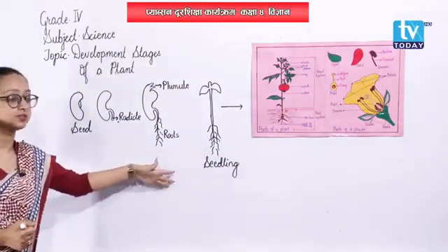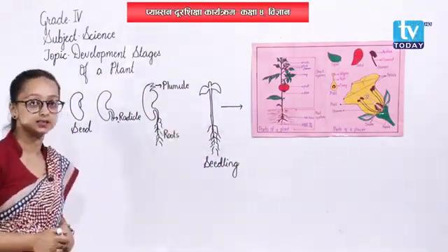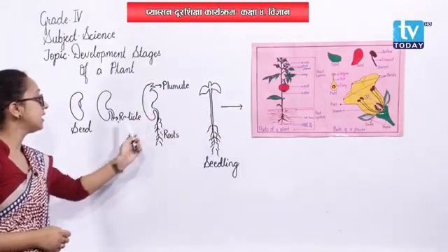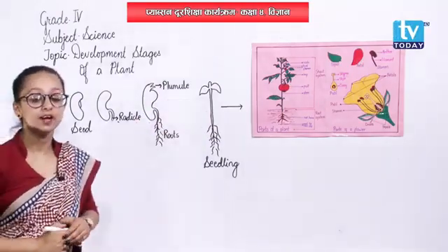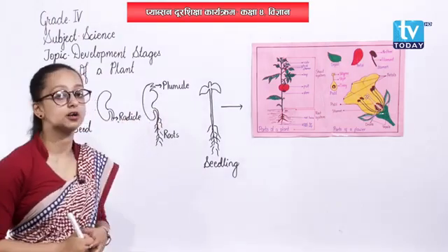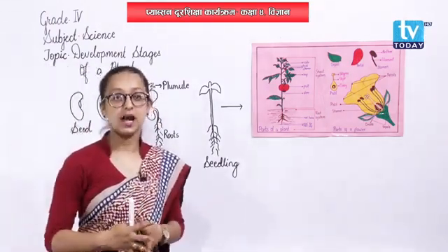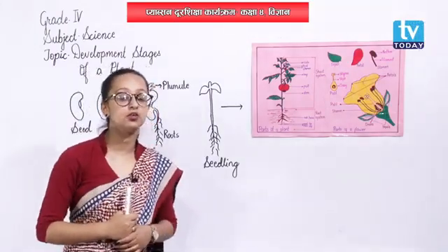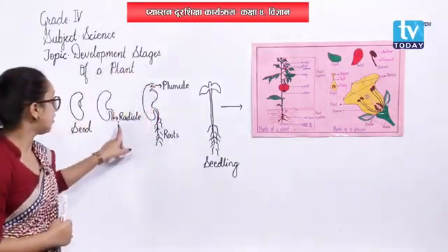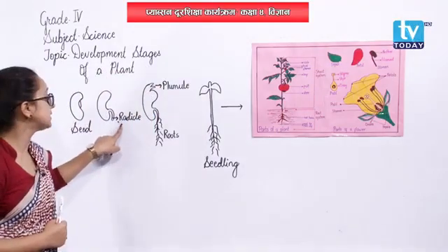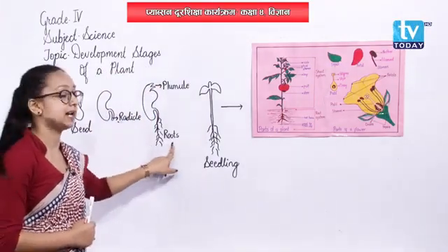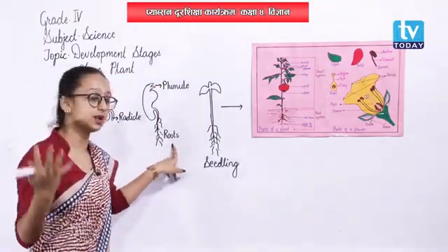This is the process of germination of a seed, okay. Radicle and plumule are the terms that we have mentioned here. Radicle is the small structure that grows at the end of the seed, and it develops into roots after some time.